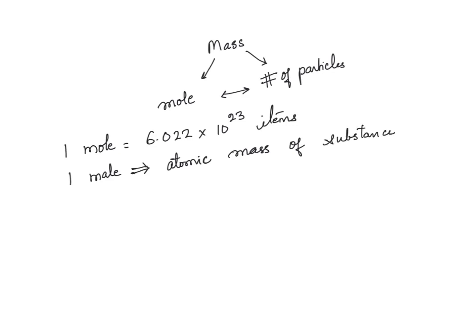That means that if you take 1 mole of nitrogen atoms, this will have 6.022 times 10 raised to 23 nitrogen atoms, and this sample will have a mass of 14.01 grams.